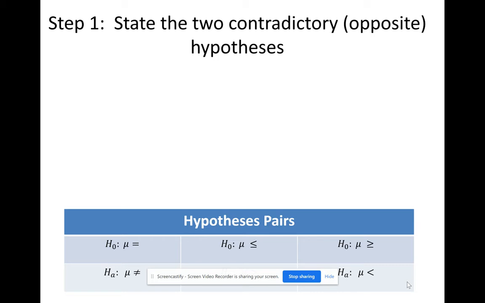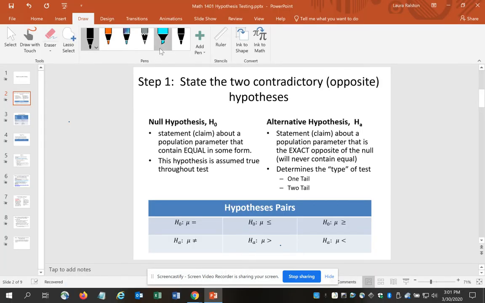opposite hypotheses. So there are two of them, and a couple of things I want to point out to you. One is that a hypothesis, and hopefully you can relate this to science, is basically an educated guess. If you think about it in the context of statistical research, remember that statistical research typically begins with a question.